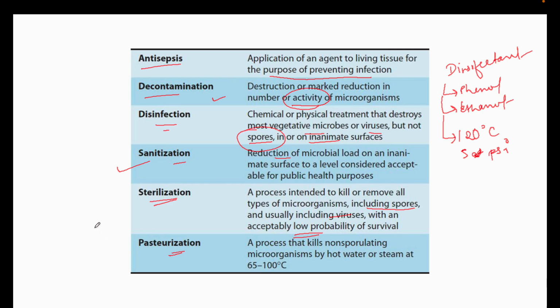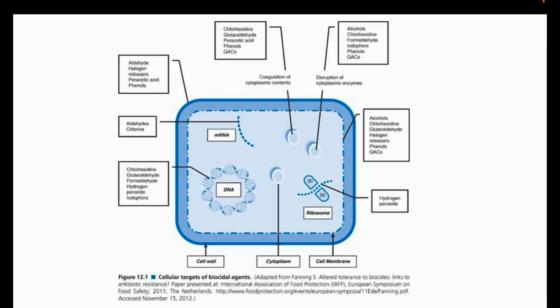The main idea is to ensure the quality of milk, meaning the nutritional value is still upheld while killing the microbes. So these are the modes of action, which is very important. These are the different modes of action of disinfectants.